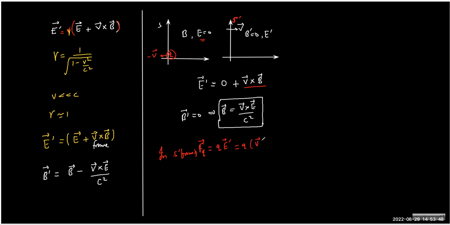Sir, I don't understand the second statement that you had written. Which one? This one. Sir, if B dash is equal to 0, then B is equal to... From this I derive from here actually. Yes, sir. Sir, but then E is also 0. Also 0, yeah. So that's why the B dash becomes 0.